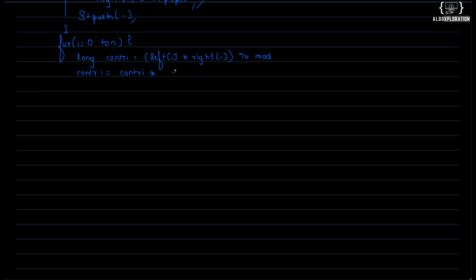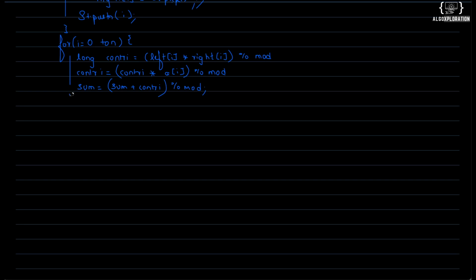So a of I mod. Okay, now simultaneously I will be taking this contribution into the sum as well. So sum equals to sum plus contr mod, and that's it. We are done.